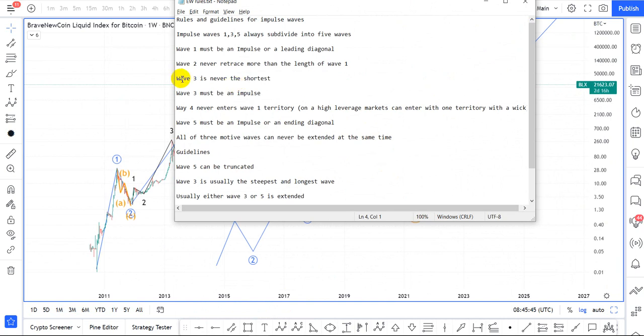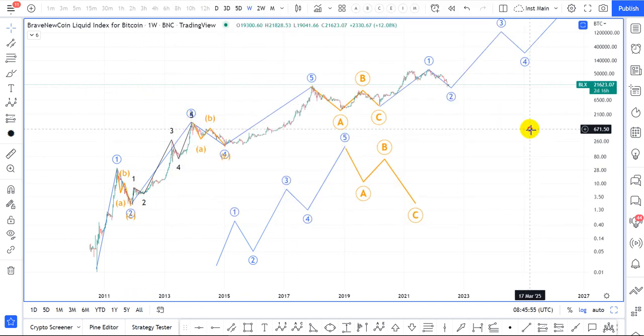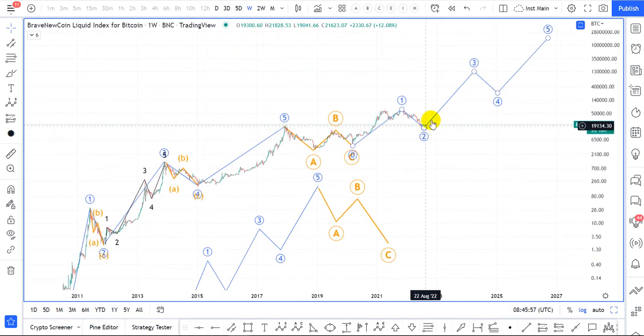And let's continue. Wave 3 is never the shortest, and most of the time it is the longest one. So here comes wave 3, and guess what? There will be another wave 3 coming soon. Also notice that if you take 2 or 3 Elliotticians and give them this chart, they may count it differently.